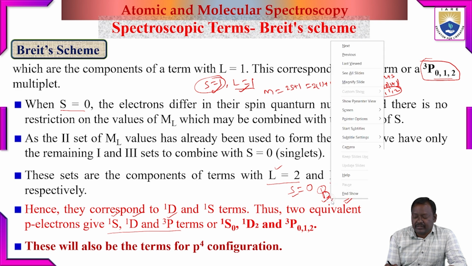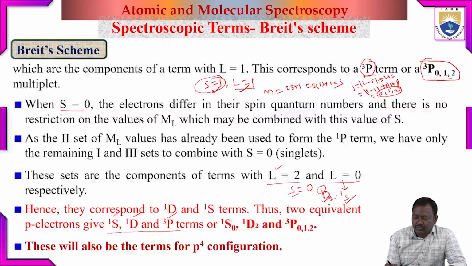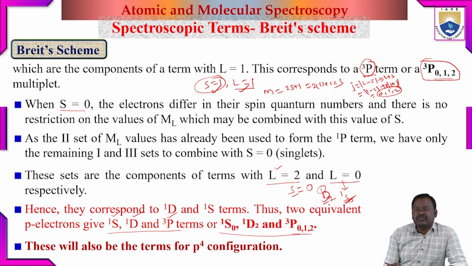So the j value must be 2. And here as L value is 0, S value is 0, j value is also 0. So 1D2 and 1S0 are the corresponding terms. So 3P fine spectral lines 3P 0, 1, 2. So these are the spectral lines we are obtaining from the Breit scheme.